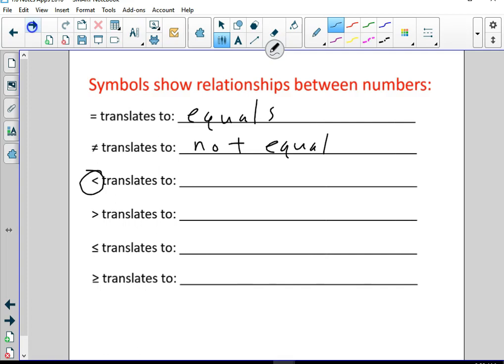But since most times we read left to right, most people call this a less than sign. Now remember, I could read right to left and I would say something is greater than something else. And that's okay. But since we generally read left to right, it's generally understood that this is less than and this is greater than.